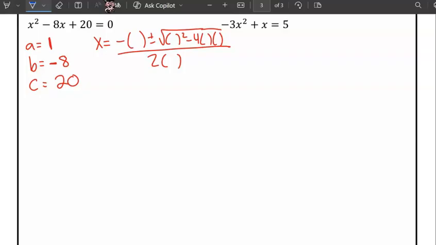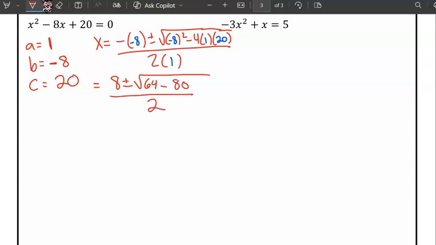We have negative 8 plus or minus the square root of negative 8 squared minus 4 times 1 times 20, all over 2 times 1. All right, let's simplify this a little bit. 8 plus or minus the square root of 64 minus 80 all over 2.